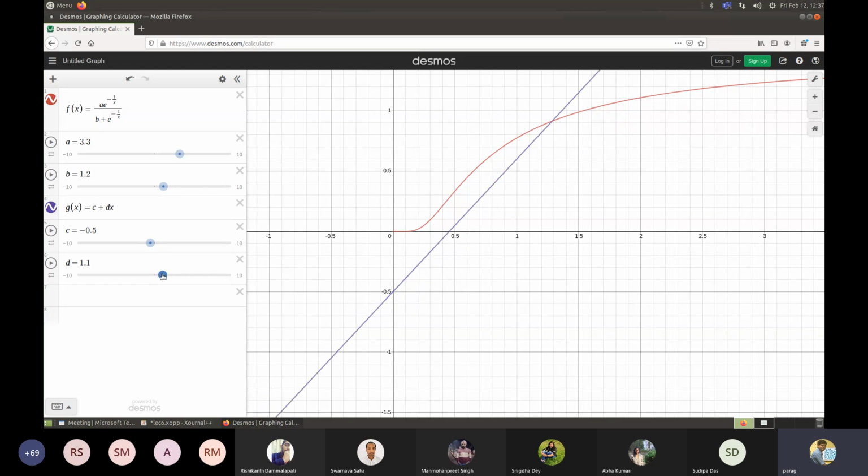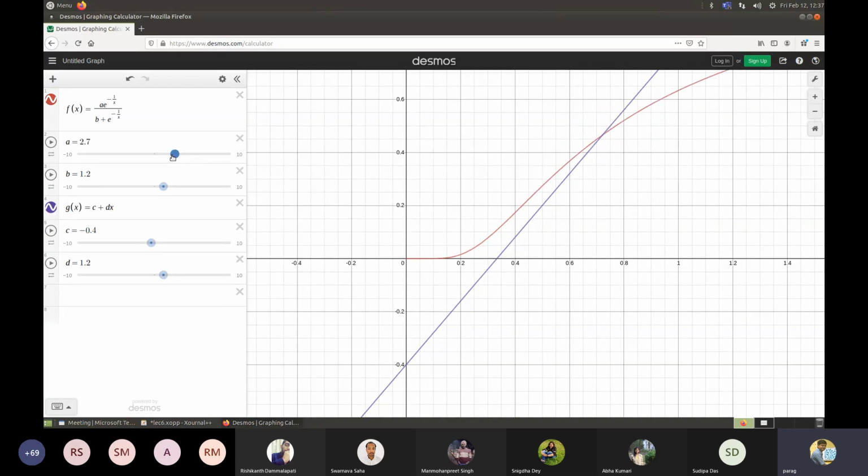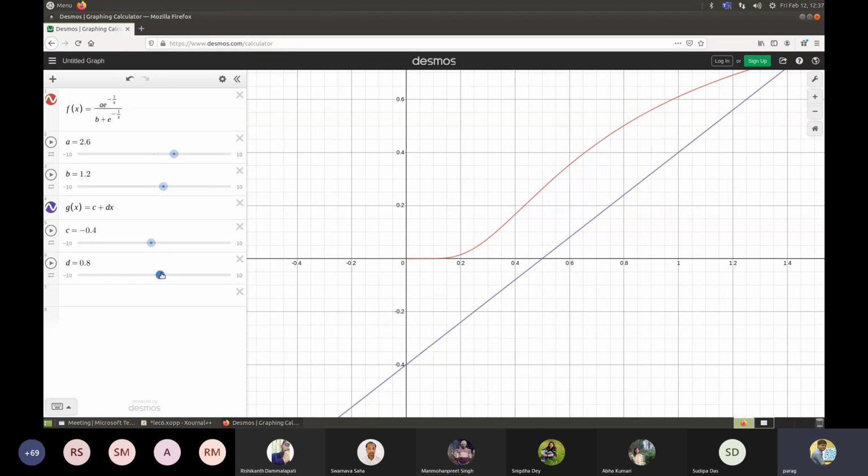Well, I can do one thing. I can very carefully adjust this. I have to make it more horizontal, and then I have to shift this.